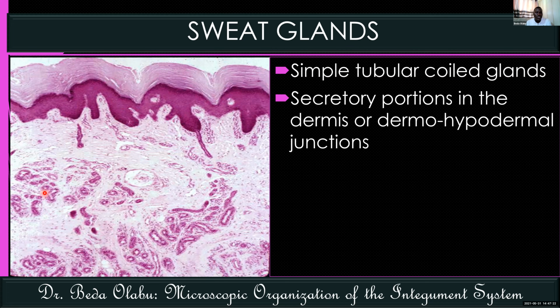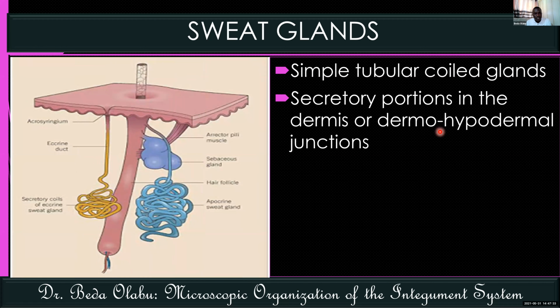The secretory portion of sweat glands can be within the dermis or at the junction between the dermis and the hypodermis. So this is how the secretory portions would look. They are highly coiled. The ductal portions are the ones which cross the dermis and the epidermis.